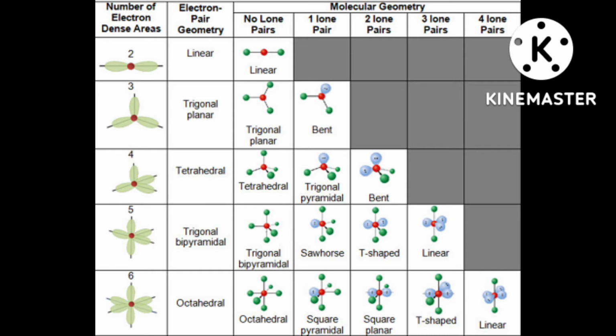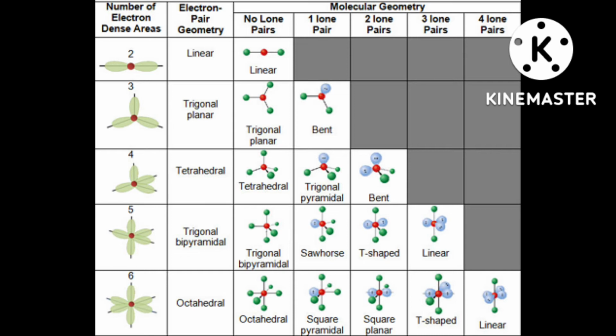First, molecular type. As for example, I told you AB, AB2, AB3, AB4, AB5, AB6, types of molecules that I discussed last class.